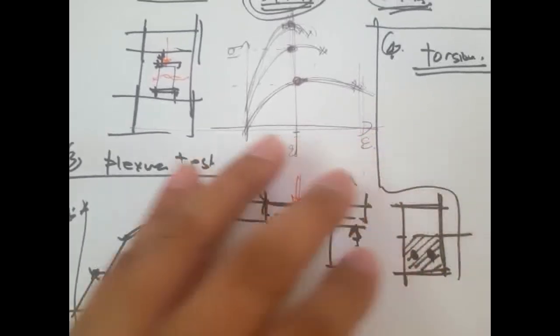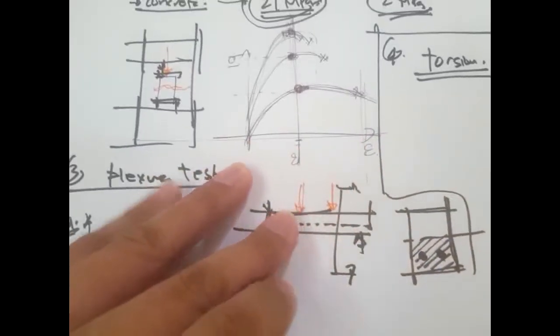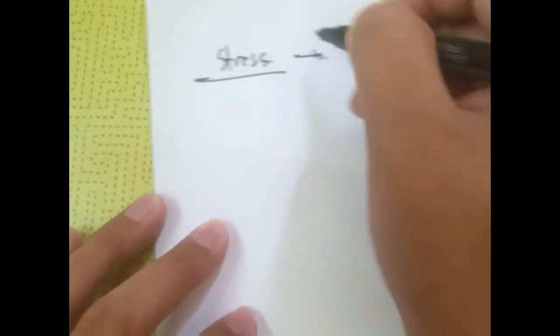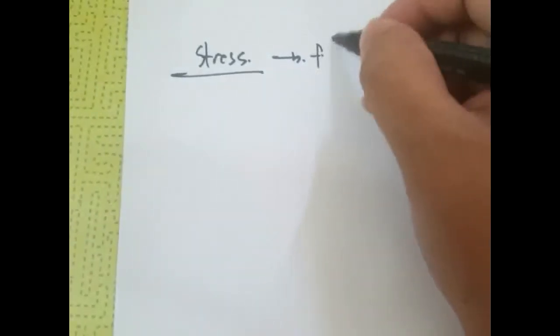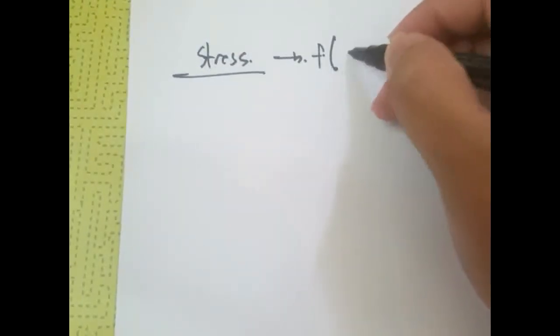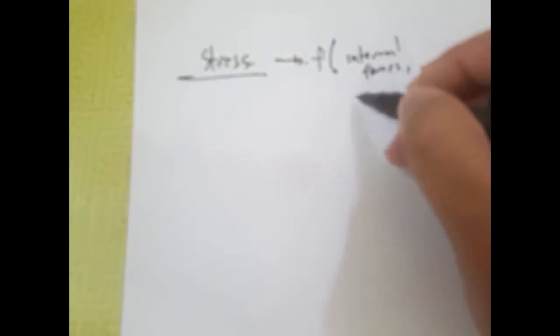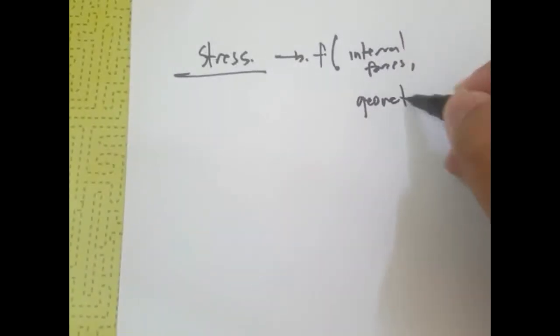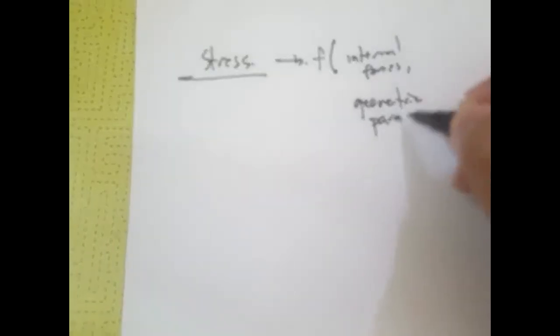Okay, so now let's move on to the fundamentals of stress and strains. Now, what is stress? We have been talking about stress, and stress is basically a function of internal forces and the geometric parameters, because sometimes it's not always the area.